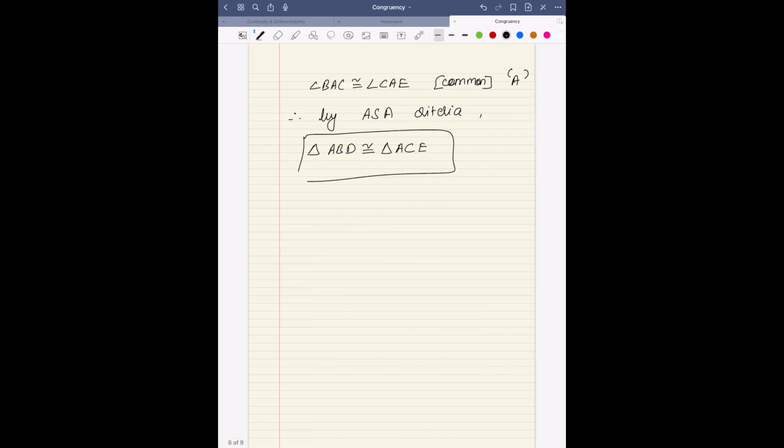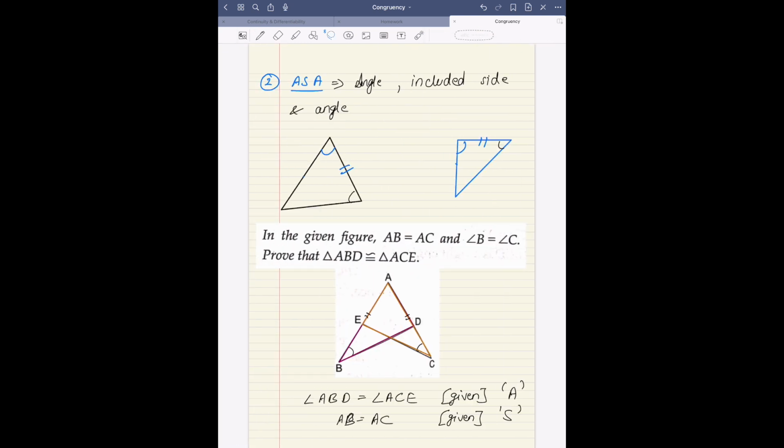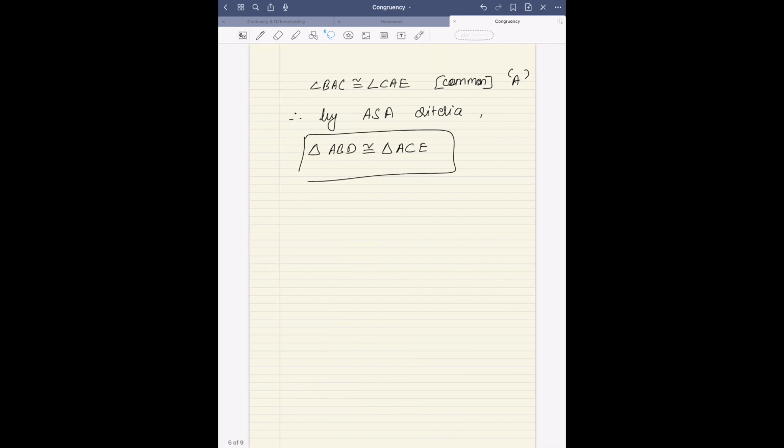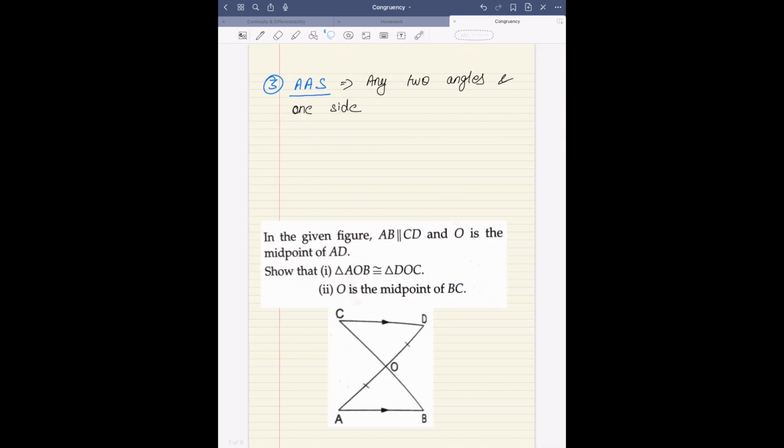Okay, so let me take these two triangles again. We paste it over here, right? So what does it mean? Any two angles, right?